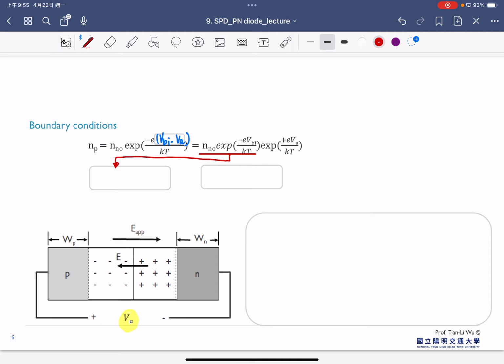Therefore we have NP equal to NP0 exponential EVA over KT.